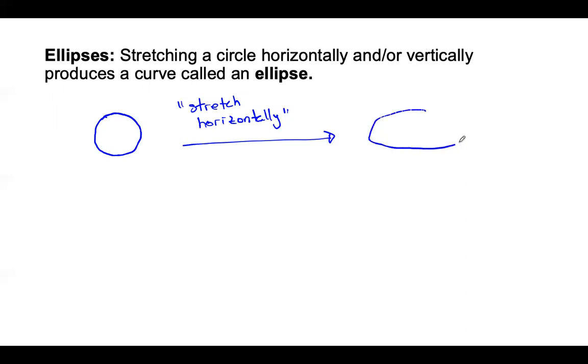It's sort of like this. Or we can also stretch a circle. This is, again, my nice circle. That's actually not so bad. So this is an ellipse. So we can stretch it vertically.